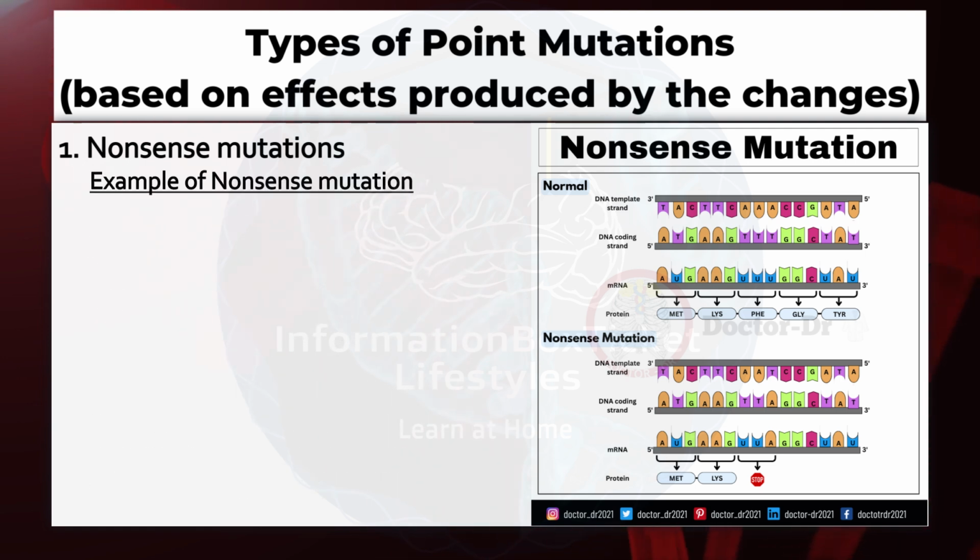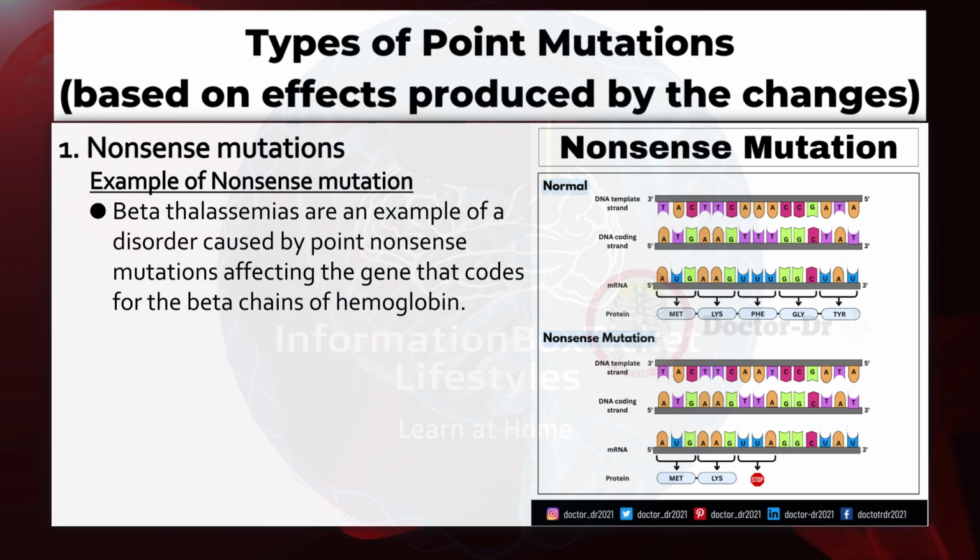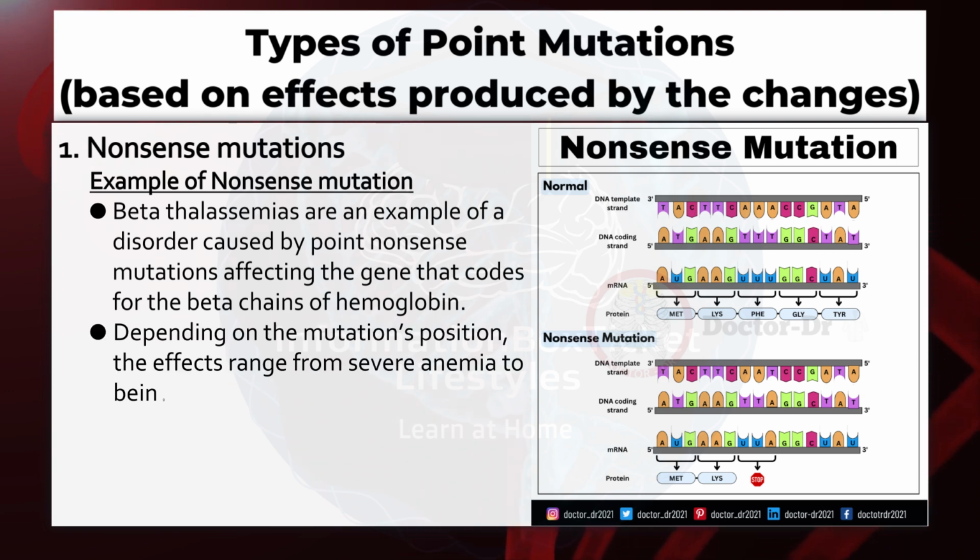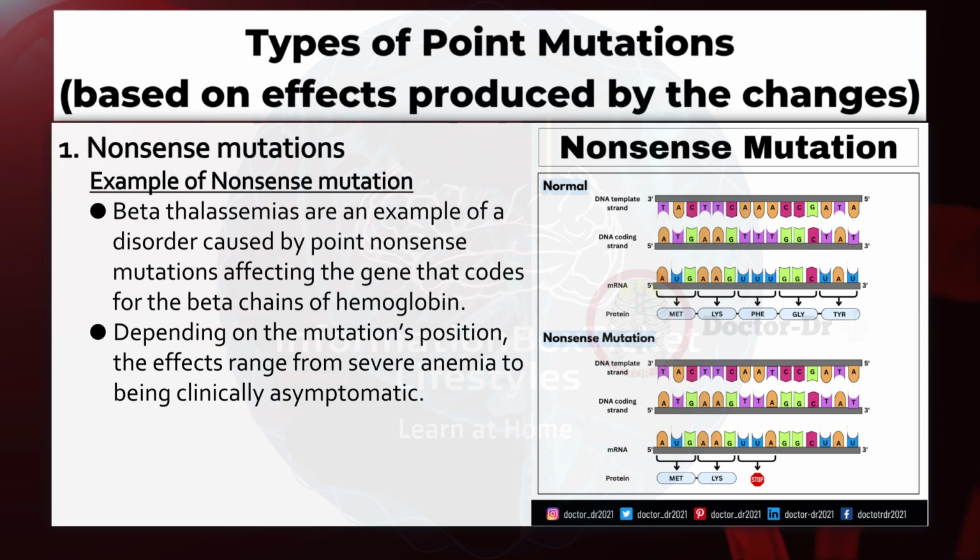Example of nonsense mutation. Beta-thalassemias are an example of a disorder caused by point nonsense mutations, affecting the gene that codes for the beta chains of hemoglobin. Depending on the mutation's position, the effects range from severe anemia to being clinically asymptomatic.